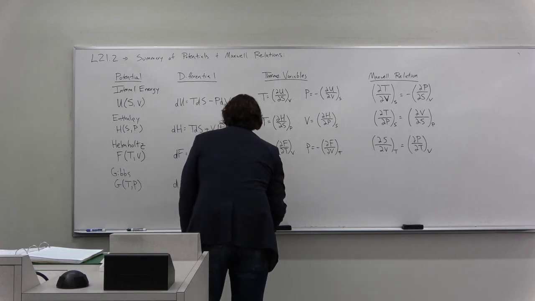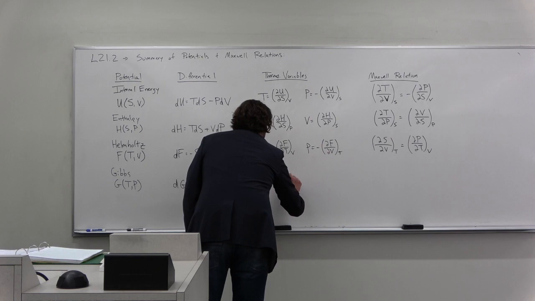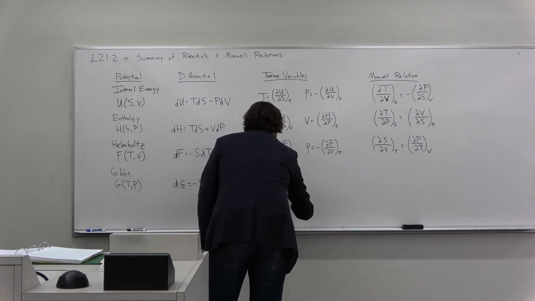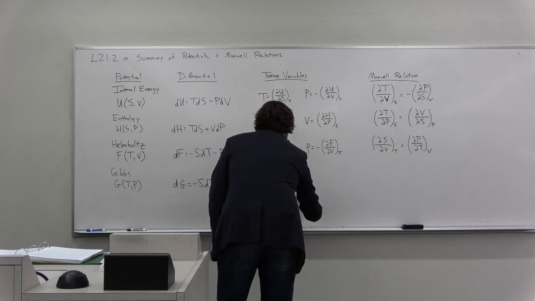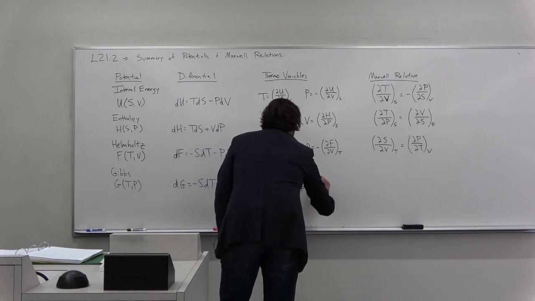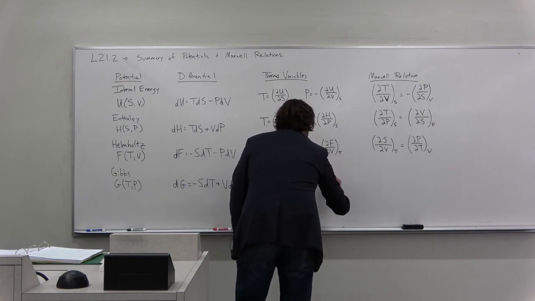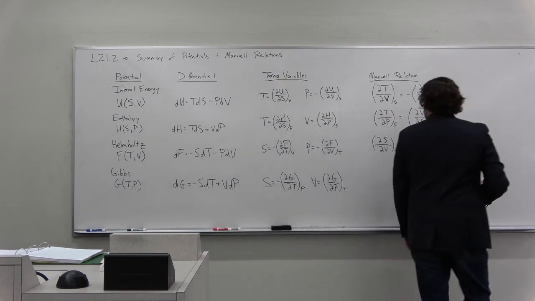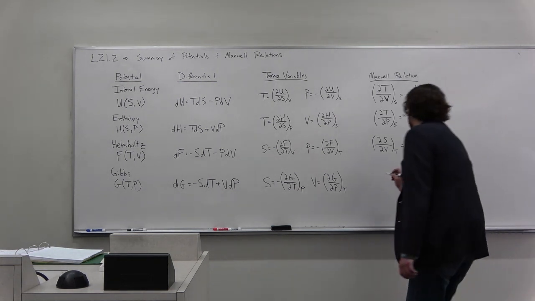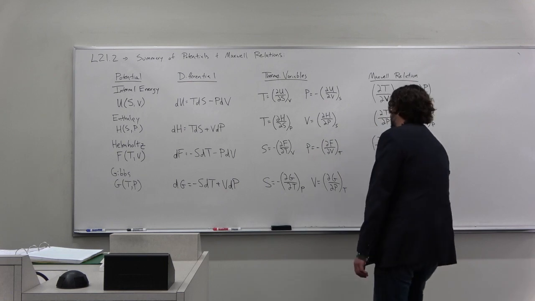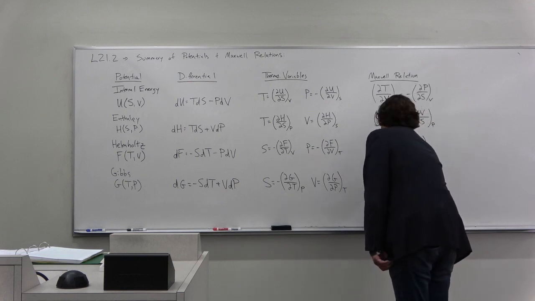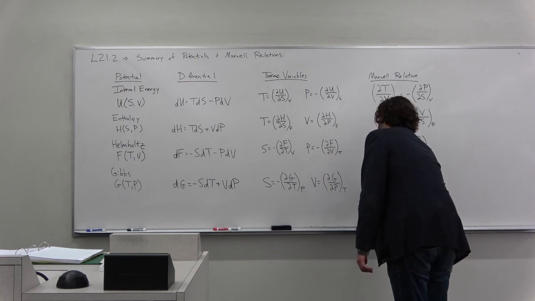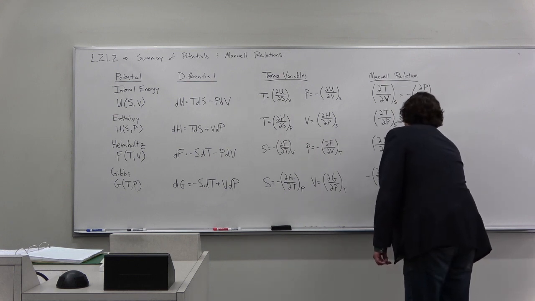So our thermodynamic relations: S is minus partial G partial T at constant P, and V was positive partial G partial P at constant T. And finally, our Maxwell relation was, so let's call it, minus partial S partial P at constant T equals partial V partial T at constant P.